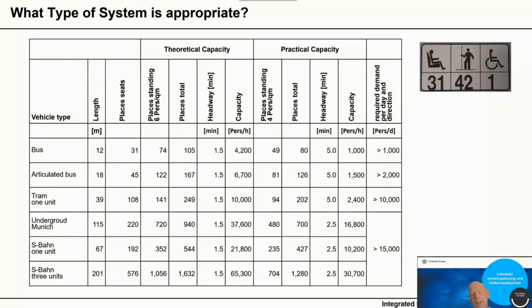You have countries or places like Colombia, for example, where you have bus rapid transit, where you have articulated buses. They run similar to a tram system.